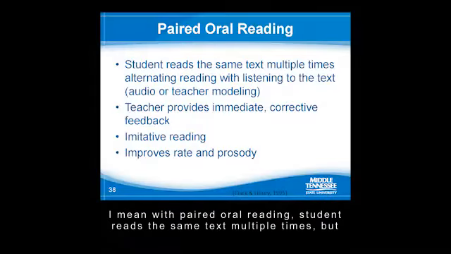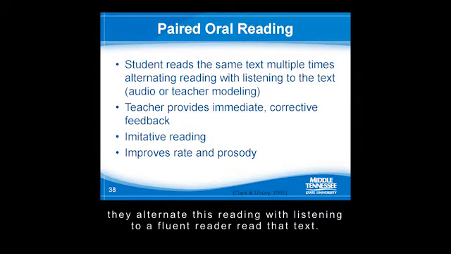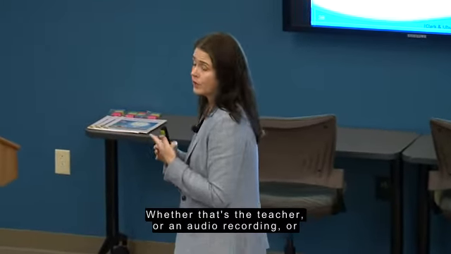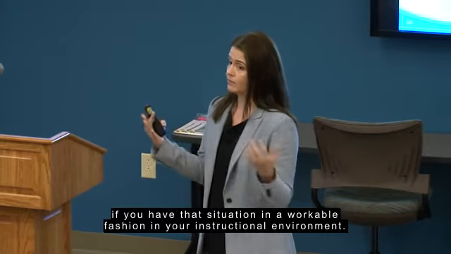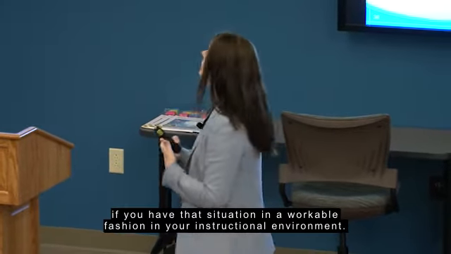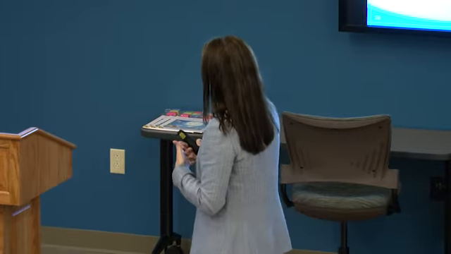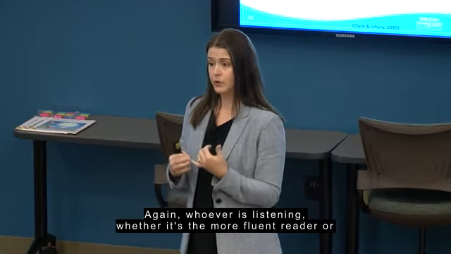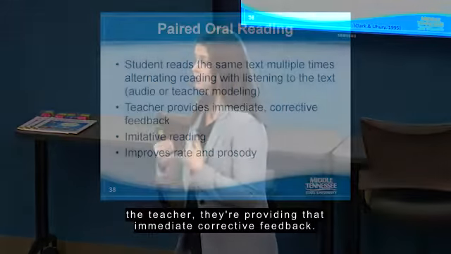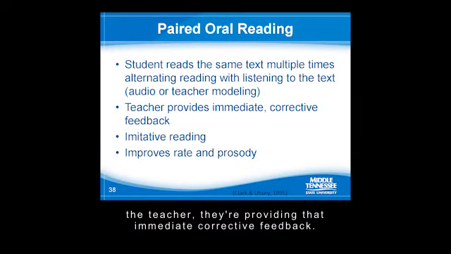And then with paired oral reading, the student reads the same text multiple times, but they alternate this reading with listening to a fluent reader read that text, whether that's the teacher or an audio recording or perhaps a more advanced student, if you have that situation in a workable fashion in your instructional environment. Again, whoever is listening, whether it's the more fluent reader or the teacher, they're providing that immediate corrective feedback.